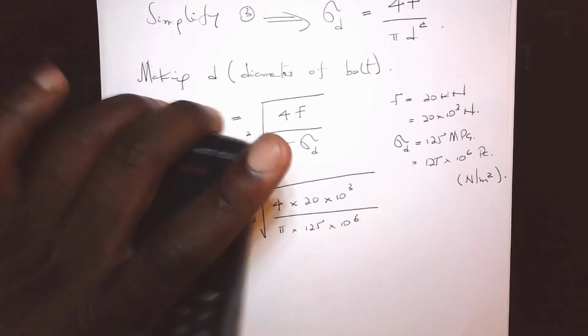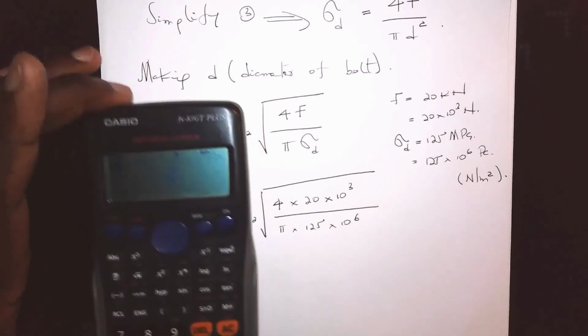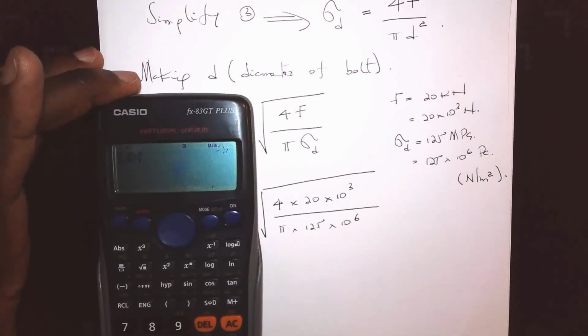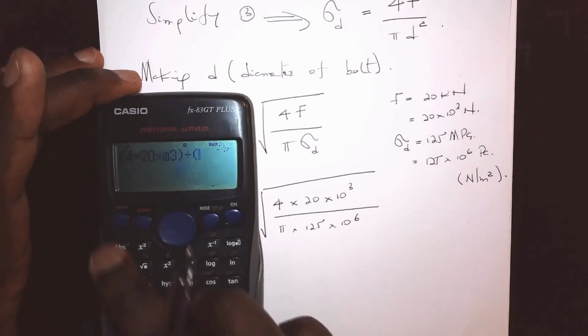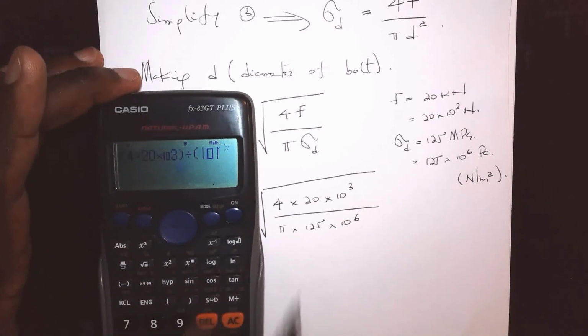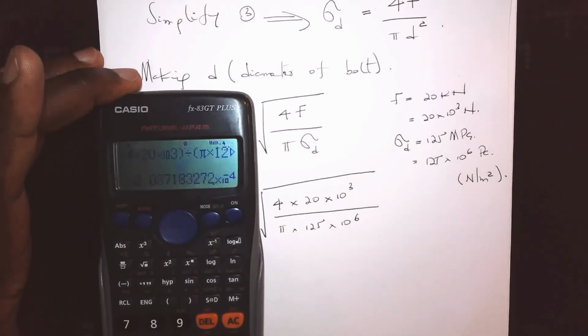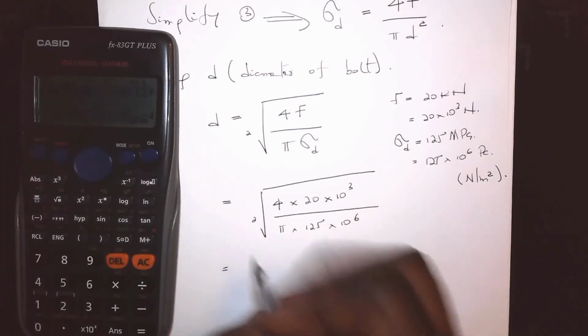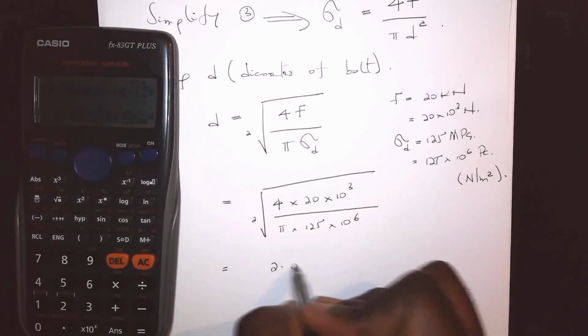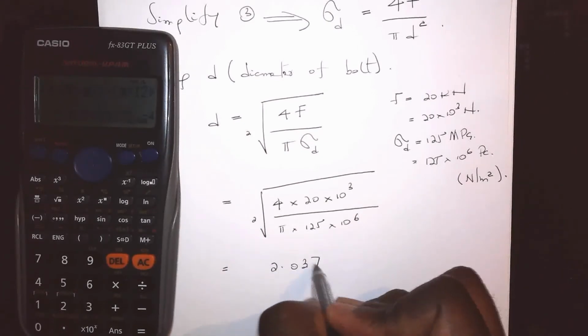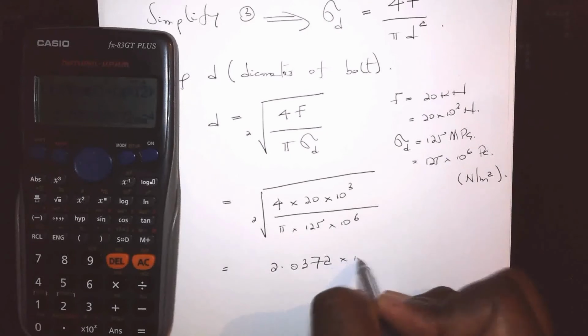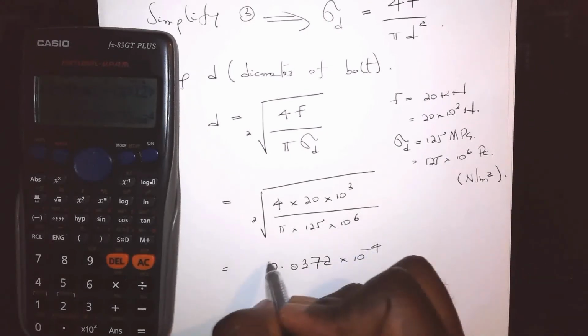Bring out a handy calculator and do the computation. So we have 4 times 20,000 divided by pi times 125 times 10 to the 6. And this will give 2.0372 times 10 to the power of minus 4.